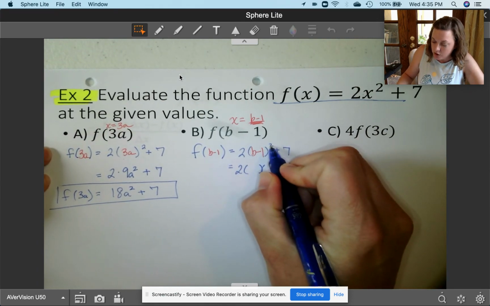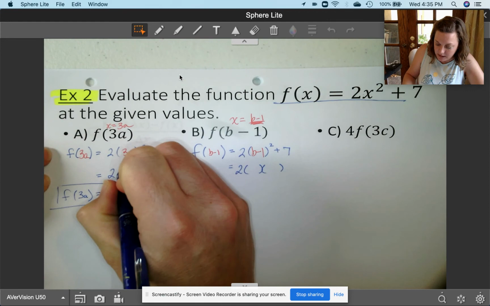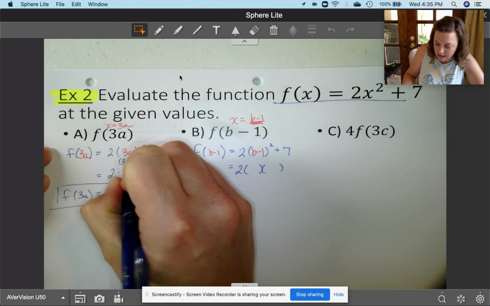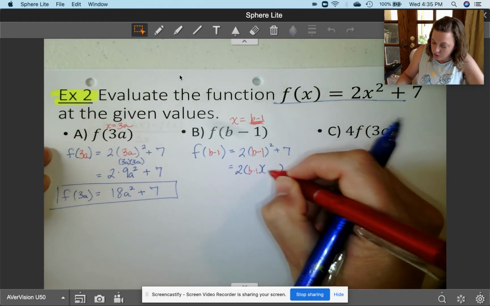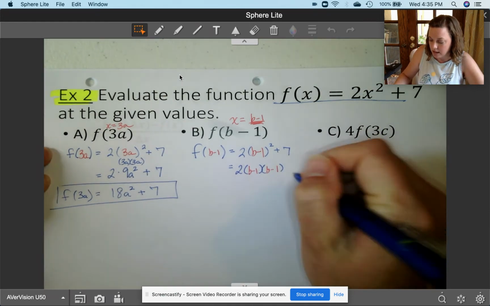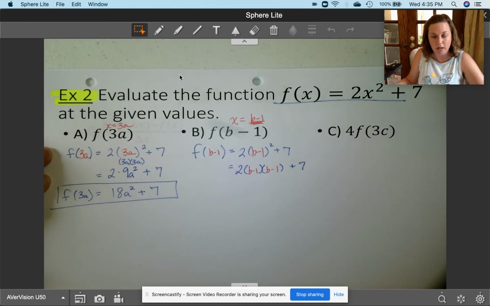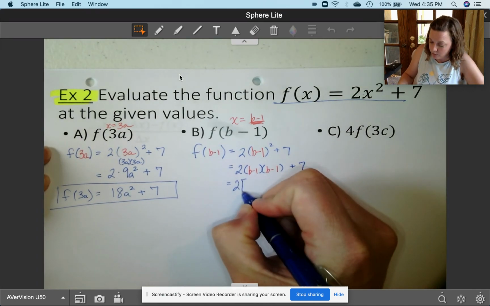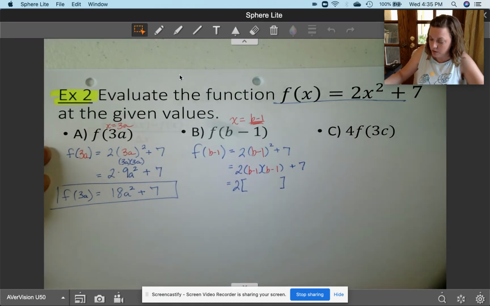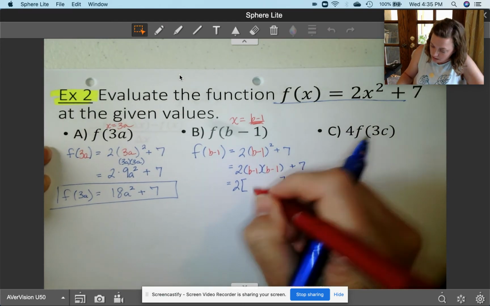This is square the entire thing. Just the same thing here. It would be 3a times 3a. Repeat it 2 times. 3a times 3a is 9a squared. Here we have b minus 1 written 2 times. Well, now you see that it's a binomial being squared, and you need to multiply that very, very carefully. I'm going to leave the 2 for a minute, and I'm going to distribute b squared.